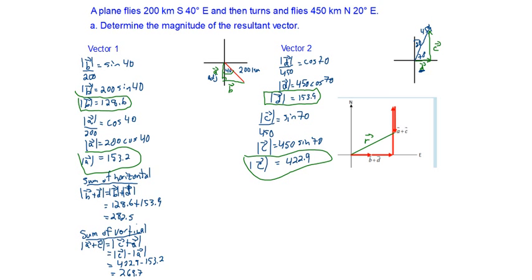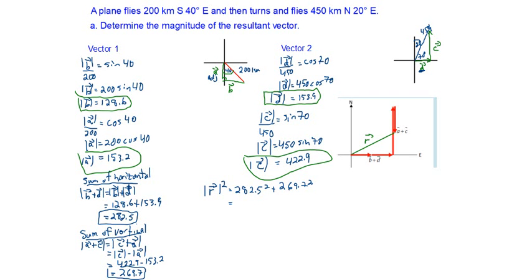So find R, just using the Pythagorean theorem. So the resultant squared is going to equal those two vectors that we just had squared, which were here and here. So equals 282.5 squared plus 269.7 squared.